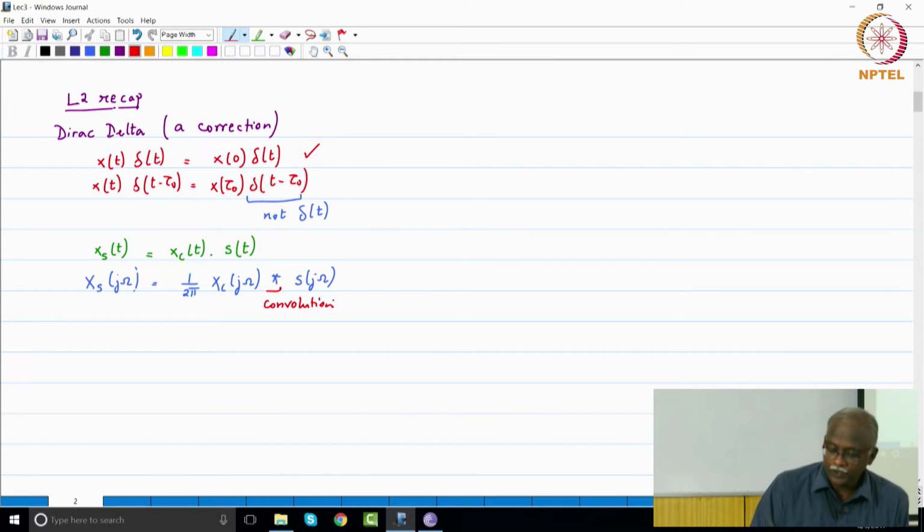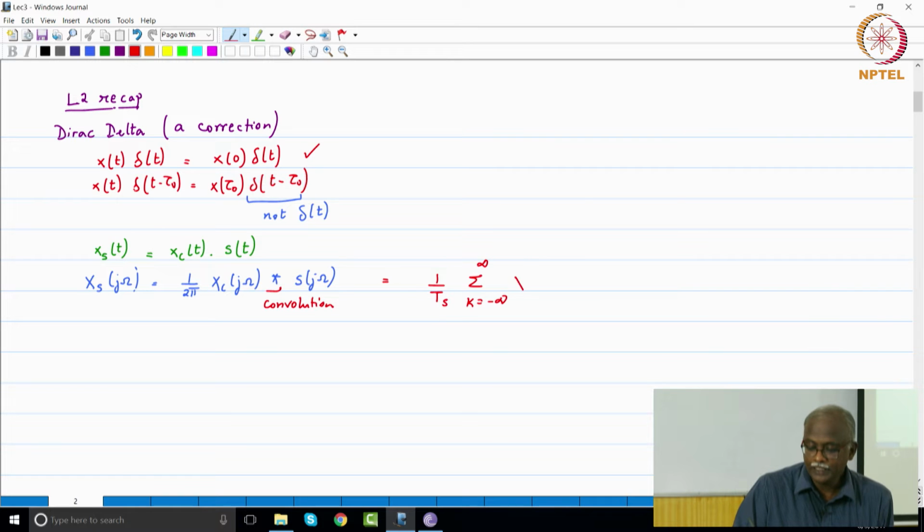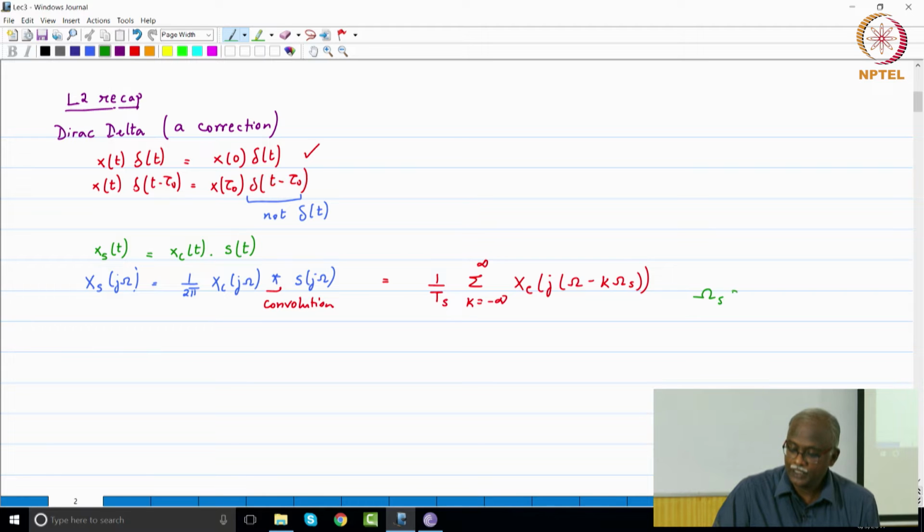And we wrote down that this finally results in the following expression: 1 over Ts, summation k equal to minus infinity to infinity, Xc of j omega minus k omega s, where omega s is the sampling frequency, which can also be written as 2 pi by Ts, where Ts is the sampling period.